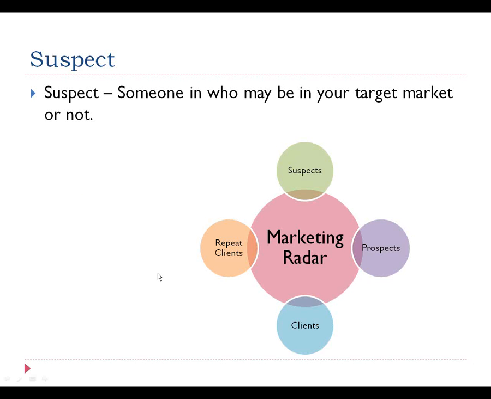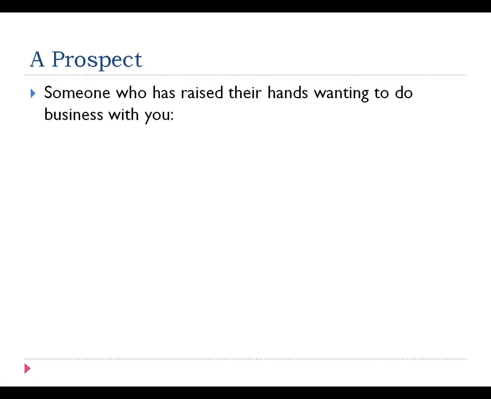Okay. So let's see who a prospect is. In most cases, what you're trying to aim at is a prospect. You need a prospect. A prospect is someone who has raised their hand saying that they're ready to do business with you. They've indicated one way or the other that they are interested in what you have to offer.